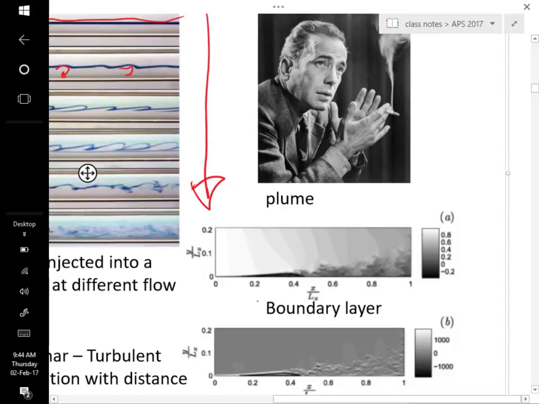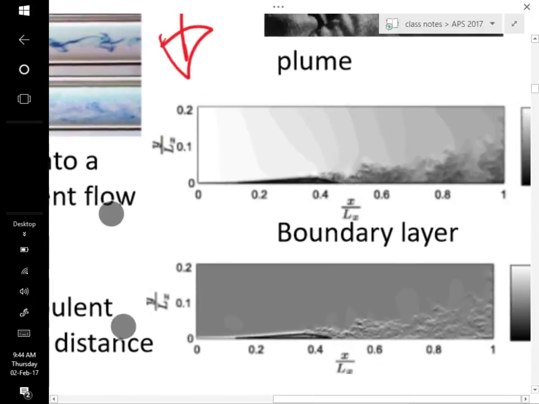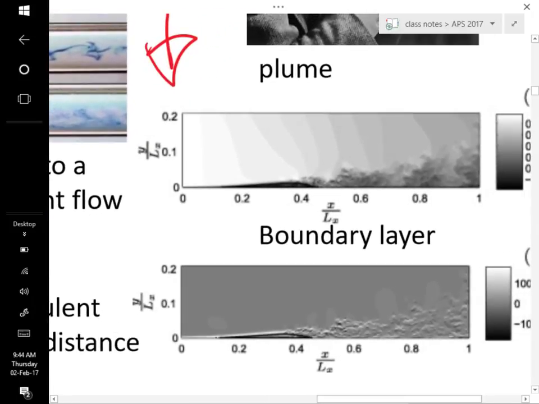And so here's some experiments that were done with flow, and this is the wall right here, and this is an entrance effect experiment like what you were working on for homework.